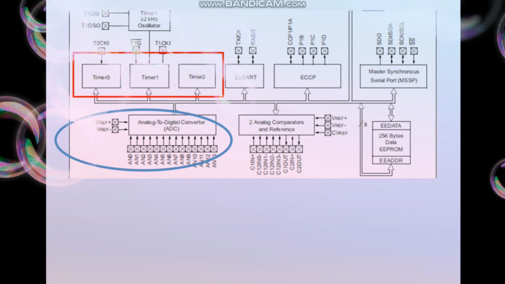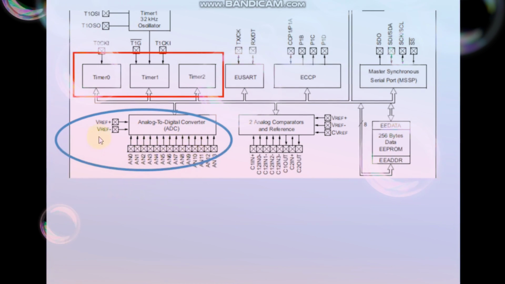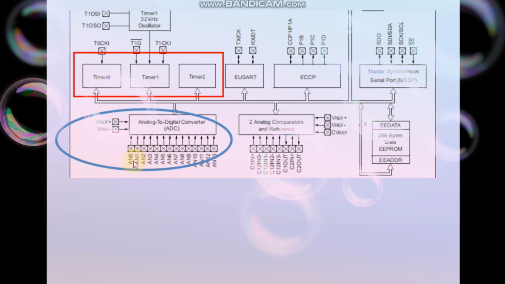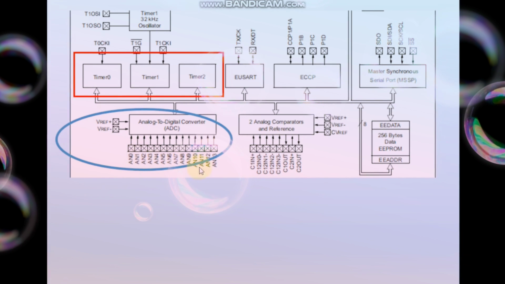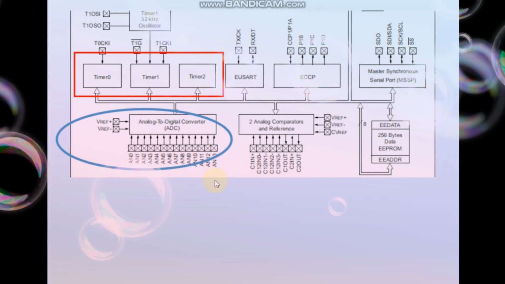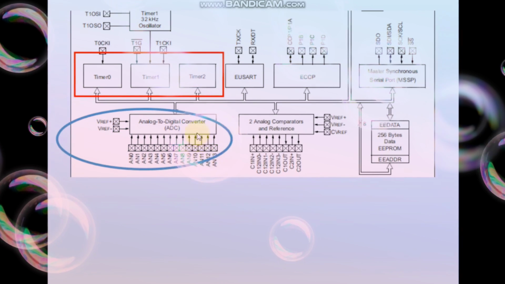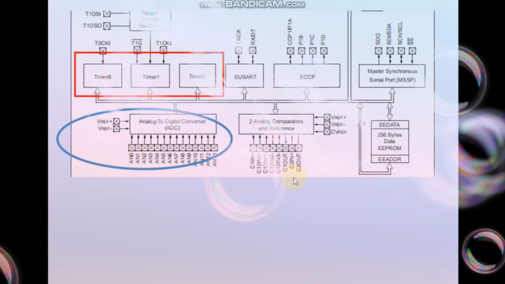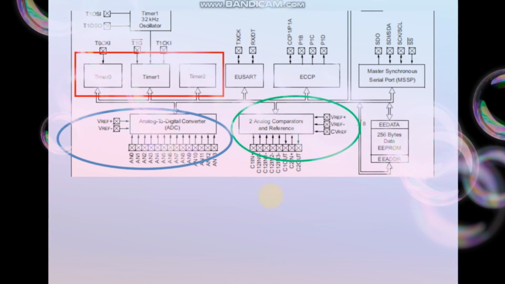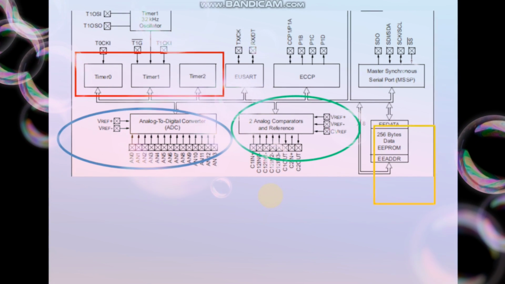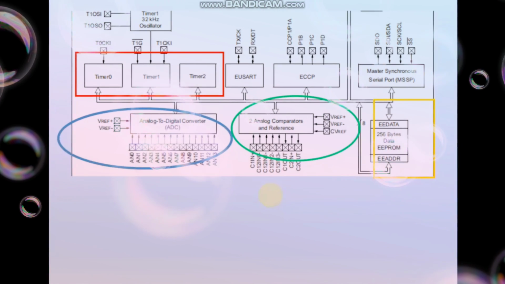Here you can give analog input, that is, you have 14 analog input pins that can be given into the analog to digital converter. Then you have an analog comparator, then, as said, data EEPROM.